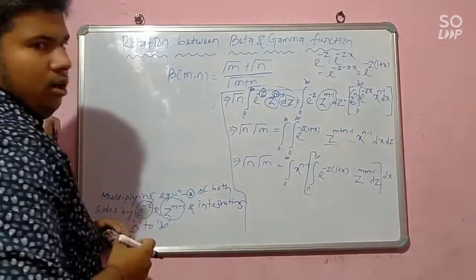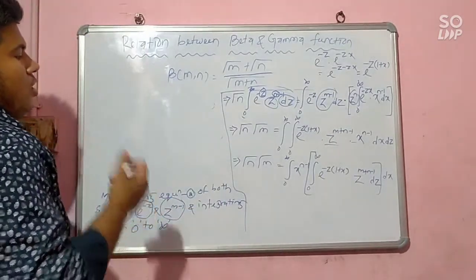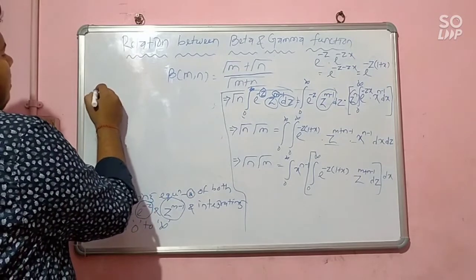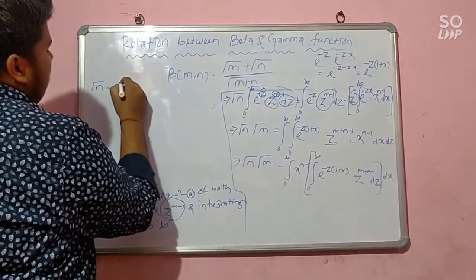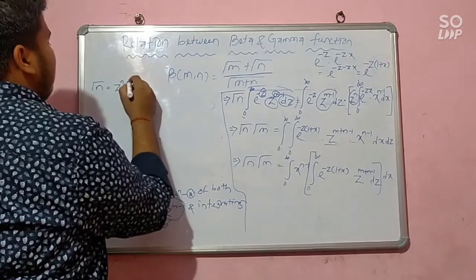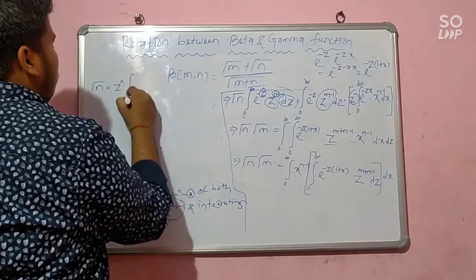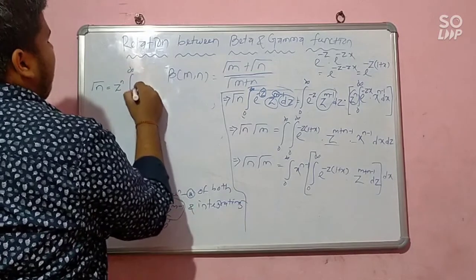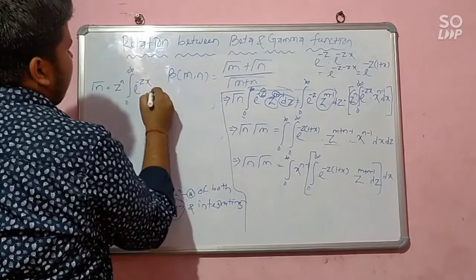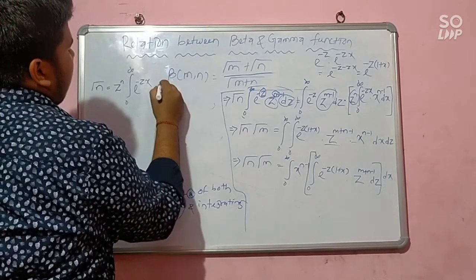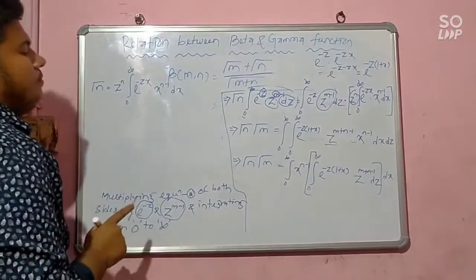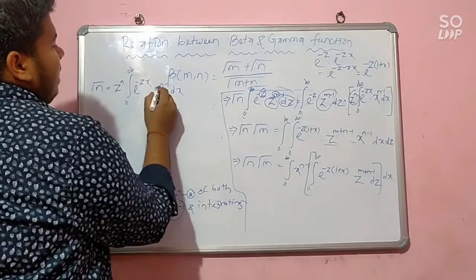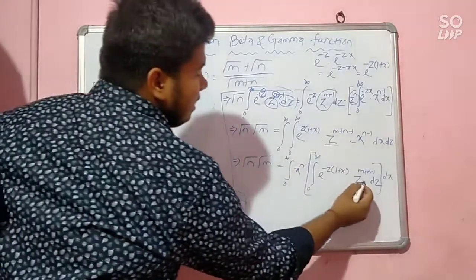By the property of gamma function, we know that gamma n divided by z to the power n is equal to the integral from 0 to infinity of e to the power minus zx into x to the power n minus 1 dx. So see, here in the place of x, here is z.